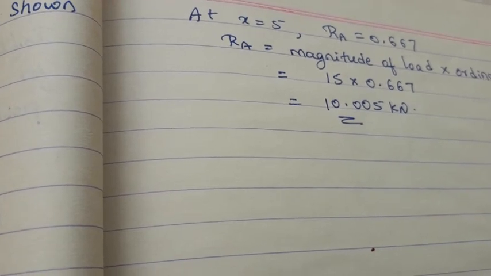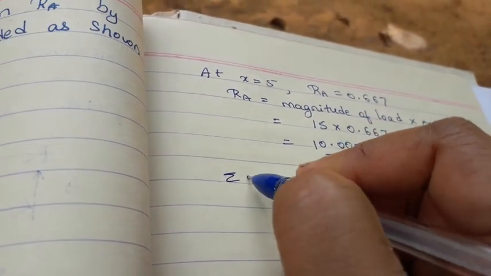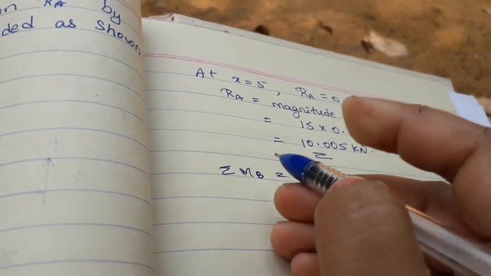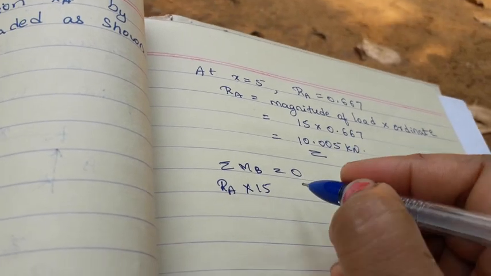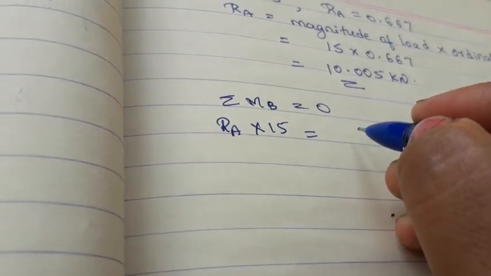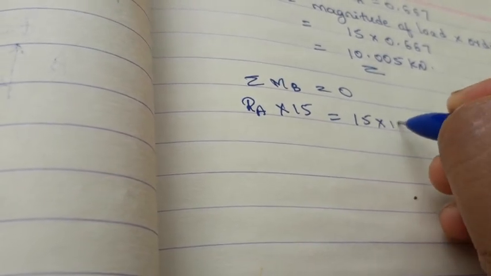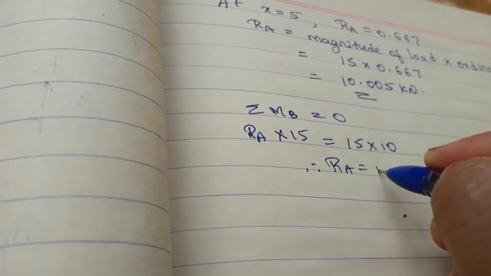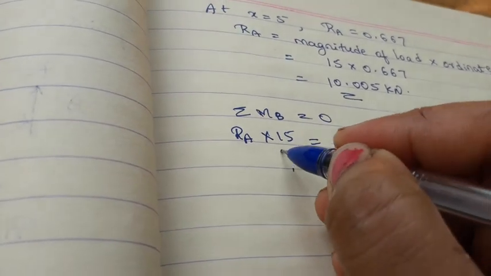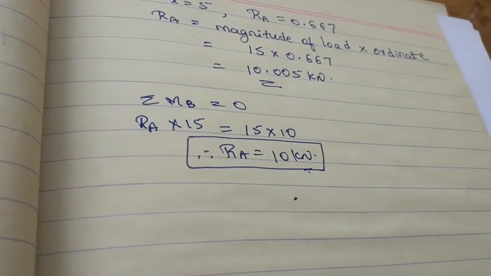For the given simply supported beam, sigma MB is equal to 0 means RA into 15 is equal to 15 into 10. Therefore, RA is equal to 10 kilonewton. So, this is how we have to calculate.